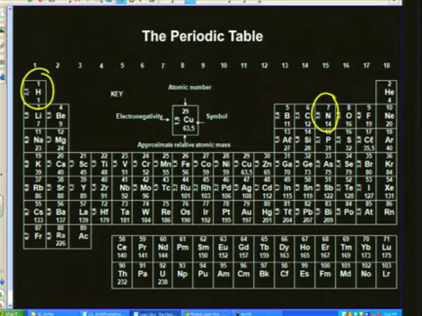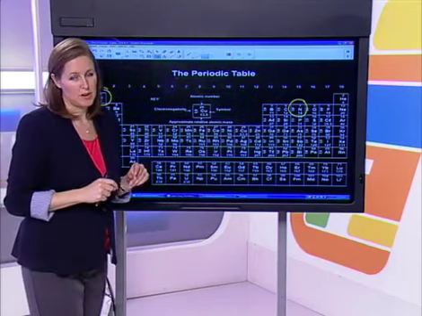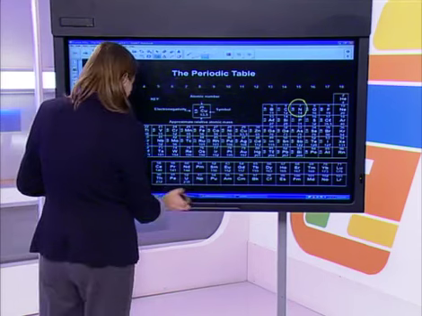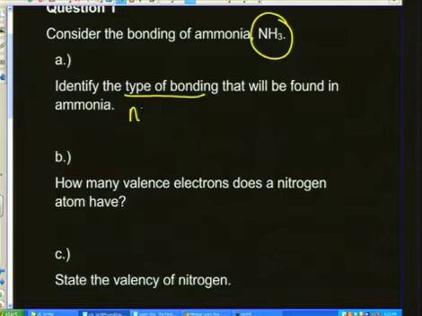Watch out for it. It's still a non-metal. I know it's in group 1, but it's a non-metal, and that's why very often they separate hydrogen away from group 1, but it is still a non-metal. So what I want us to pick up here is that we've got a non-metal with another non-metal.